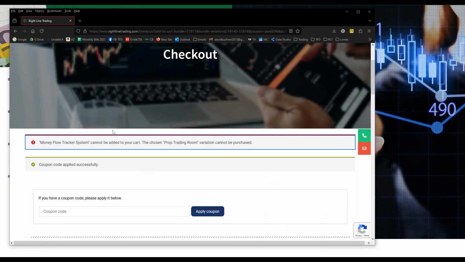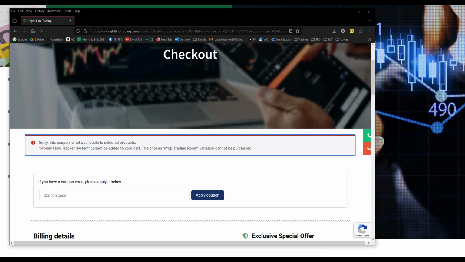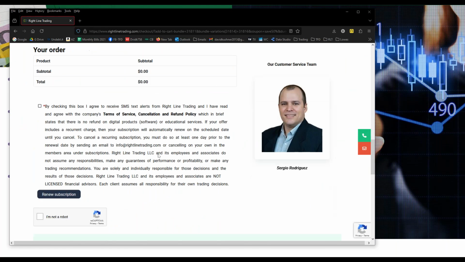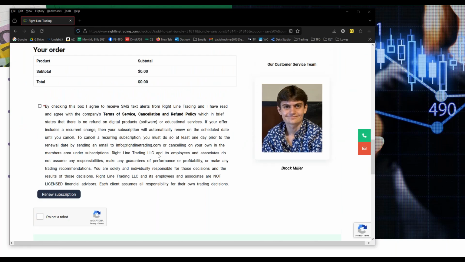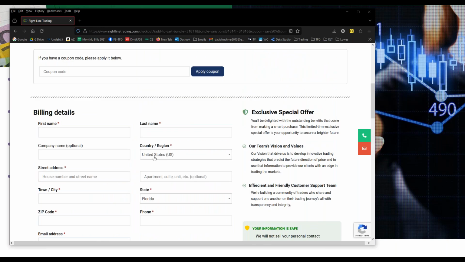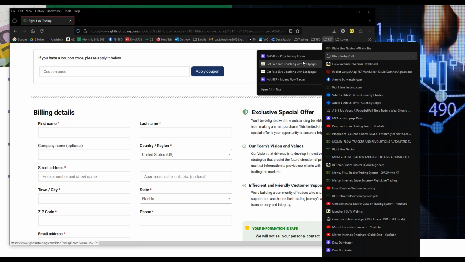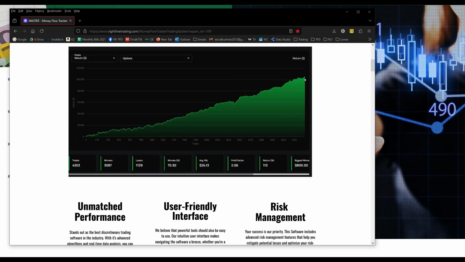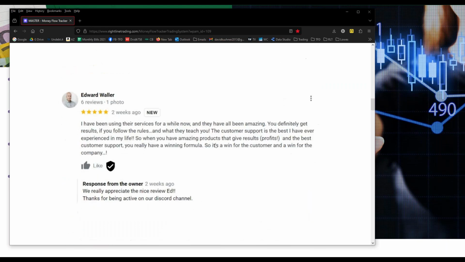Rory, why is this not showing the price? Let's try this again. Now it's not showing here. Rory, are you here? I don't know why it's not showing. Let me try this here. Money Flow Tracker, see if this works. If this works, I'll be able to put this in here.